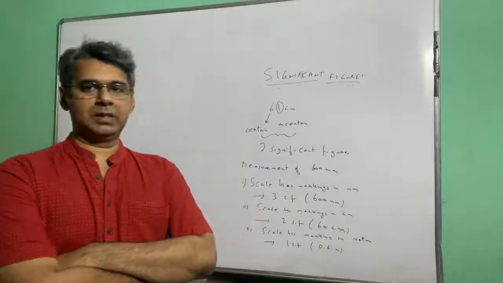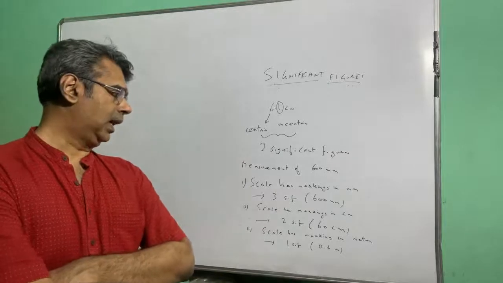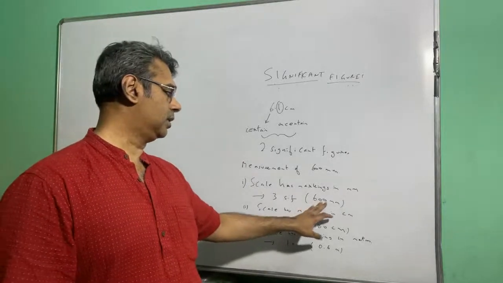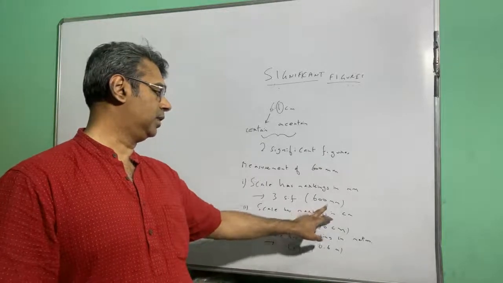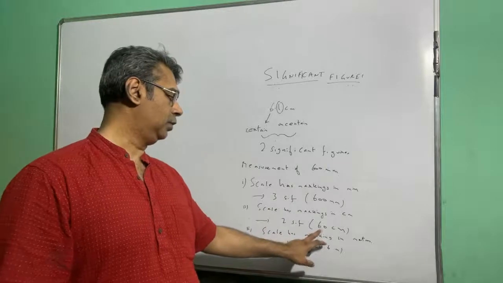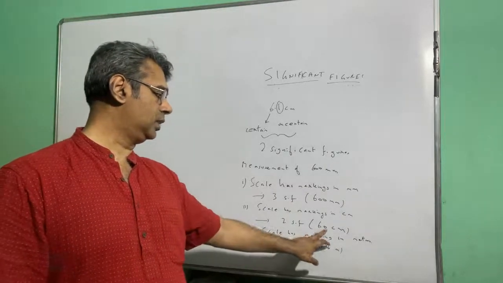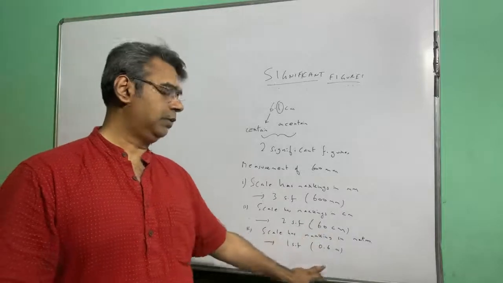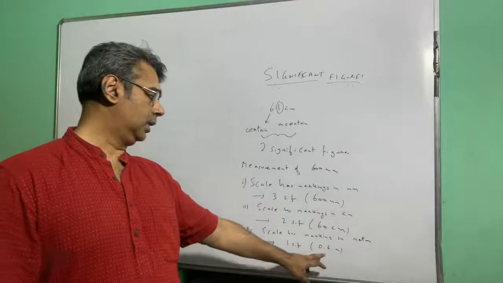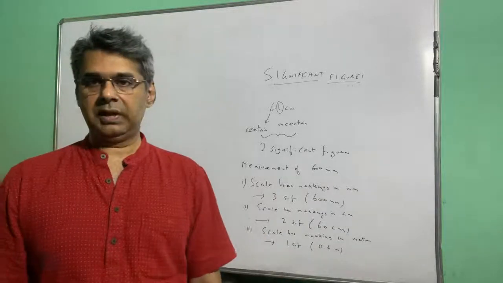So 0.6 meter will be somewhere between 0 meter and 1 meter, and that means that if you are measuring 600 millimeter, then you have three certain digits, so there are three significant figures. If you are measuring 60 centimeter, there are two certain digits, so two significant figures. If you are measuring 0.6 meter, you have one doubtful digit, that is 6, which is after the dot, so that will be one significant figure.